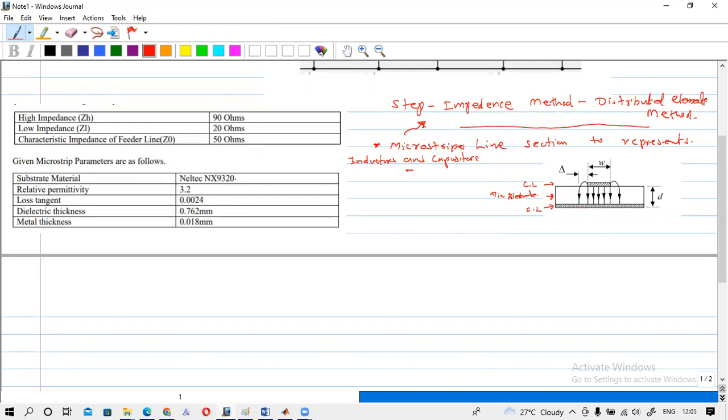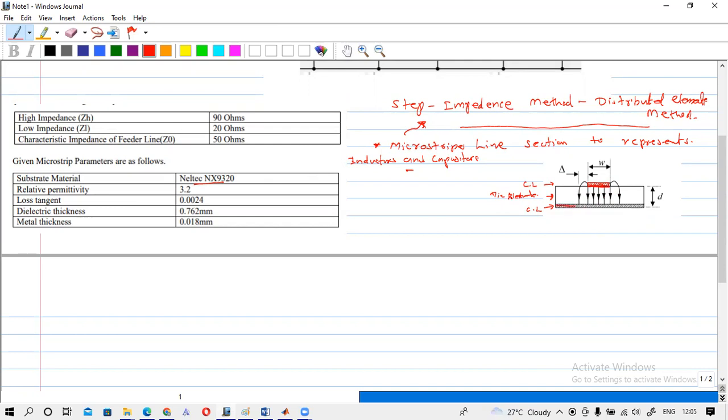So you are given a substrate to do your design. Actually we use this substrate to make a microstrip line. So microstrip is nothing but this kind of copper section, copper layer.